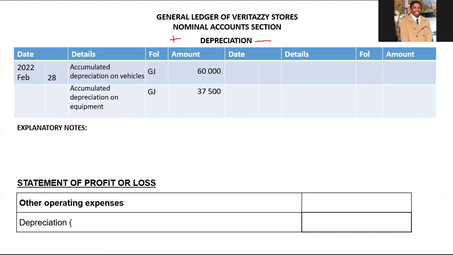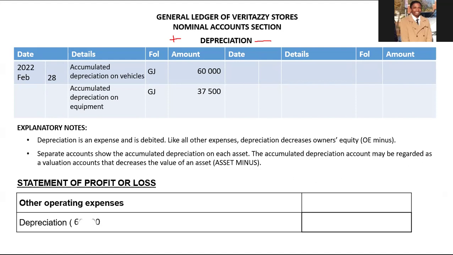Normally, we will close this off against profit or loss. In your statement of profit or loss, you will only record current year depreciation, which will be the 60,000 added to 37,500. So current year depreciation will be 97,500.